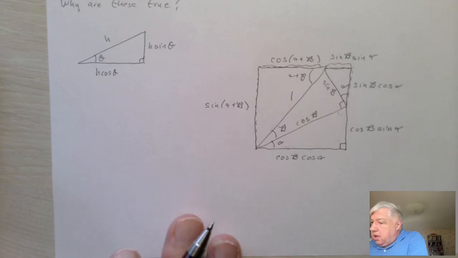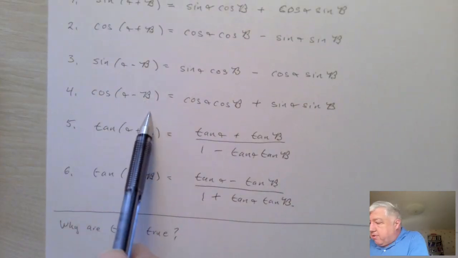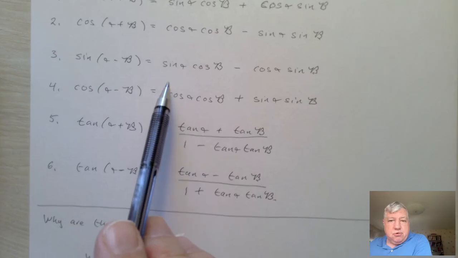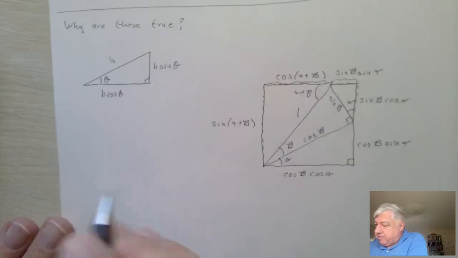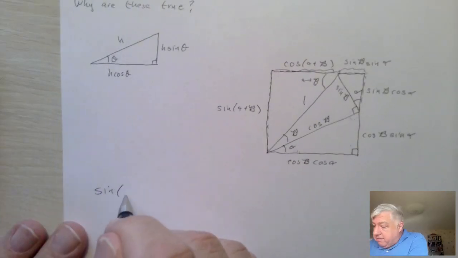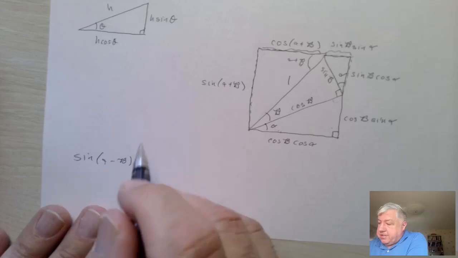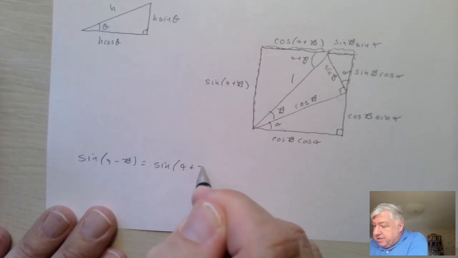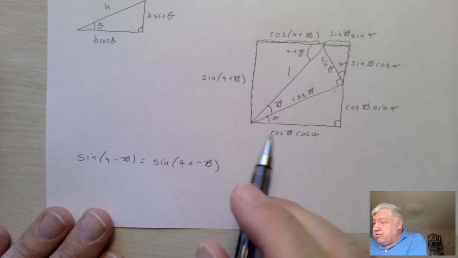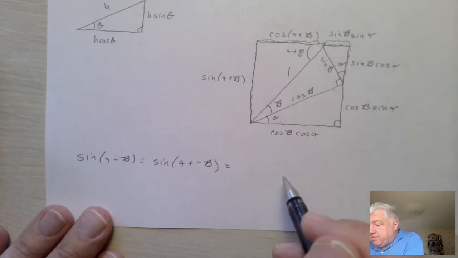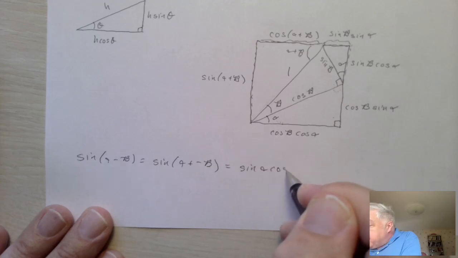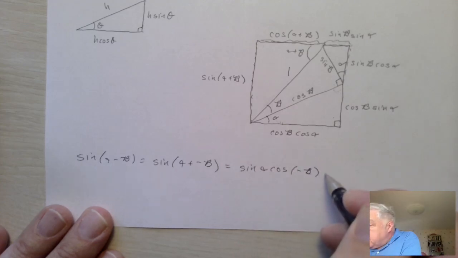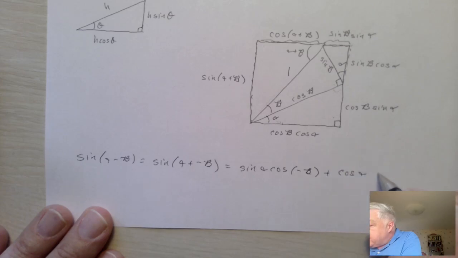Okay. Now for 3 and 4, we're just using the fact that we can write, for example, the sine of alpha minus beta as a sum. This is the sine of alpha plus negative beta, and we can just use our previous formula, the one we just proved. So this is going to be sine of alpha cosine of minus beta plus cosine of alpha times the sine of minus beta.